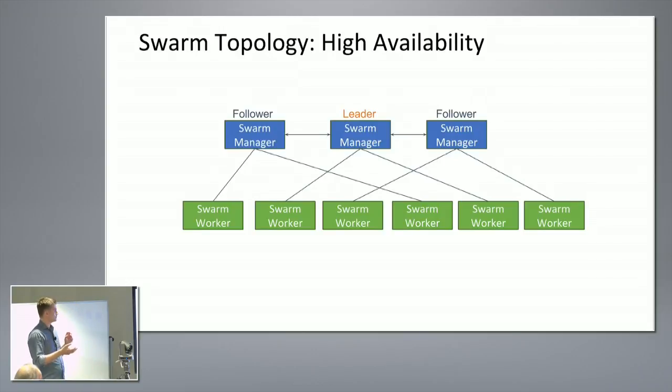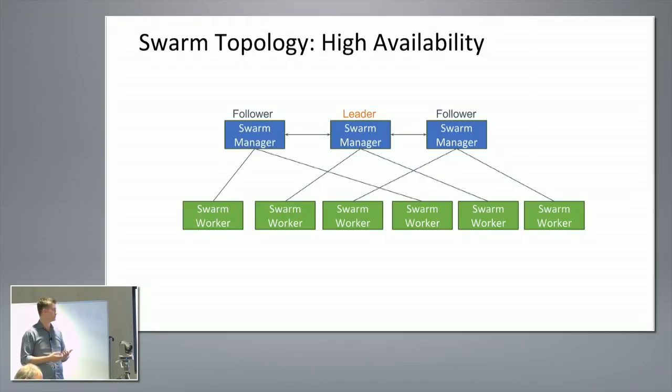Managers connect to each other and form a quorum. So we have built-in HA. For instance, in this example, we have 3 managers, and they connect to each other, they do leader election, and basically we have 1 leader that performs all the cluster actions, and then we have 2 standby replicas.